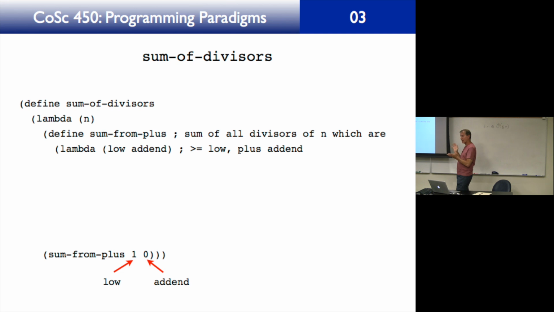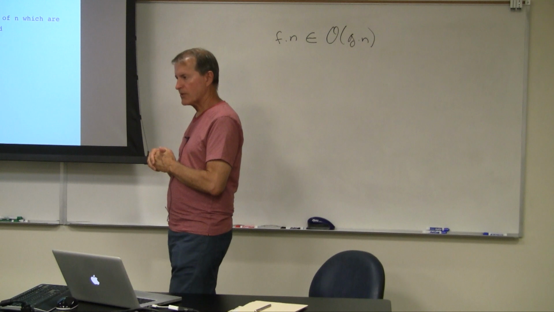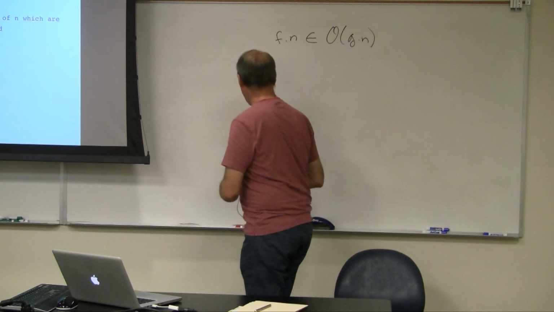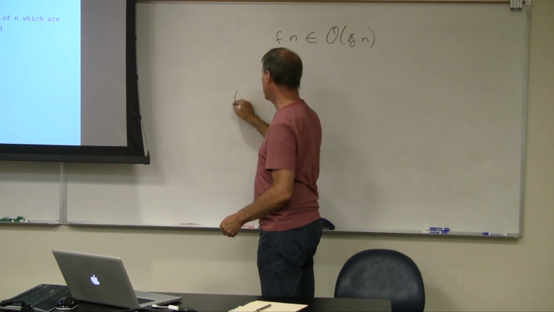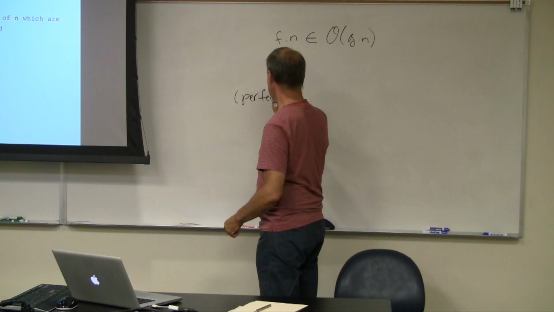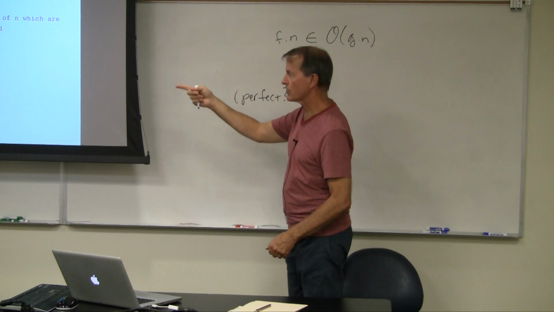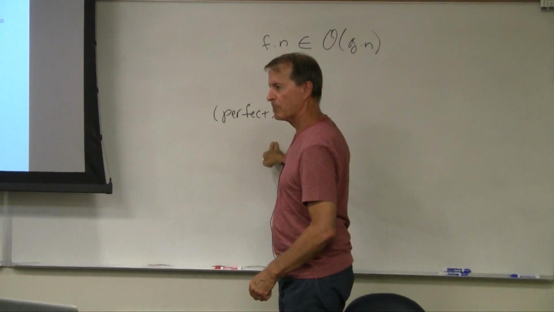And what do we return in that case? Not necessarily plus low. Isn't it comparing what this returns to 2 times n? Oh, but this is just sum of divisors. Remember there will be another function called perfect, and perfect will be a one-liner that calls sum of divisors, and perfect will make that comparison.